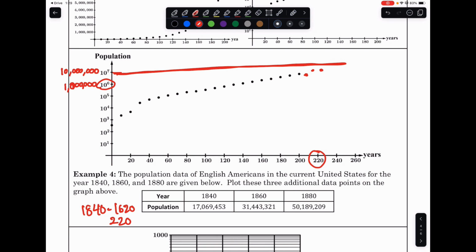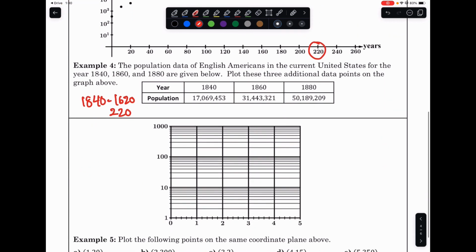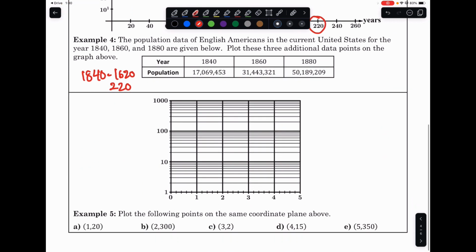Now, one common type of graph with a logarithmically scaled vertical axis includes grid lines, as shown below. This is a type of coordinate grid that's likely going to appear on your AP Pre-Calculus exam. So this one right here, okay? So let's understand this and learn how to plot points following the same coordinate plane above.